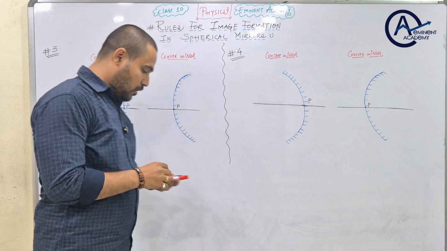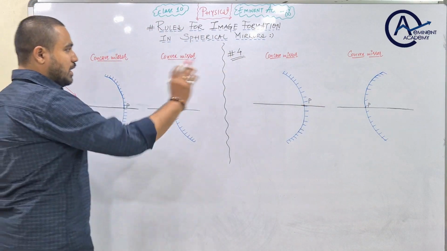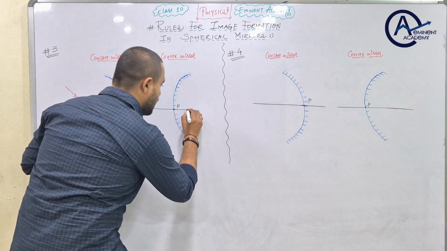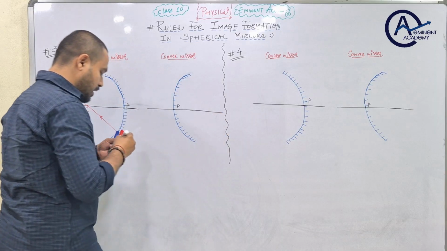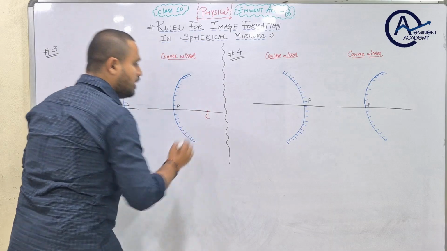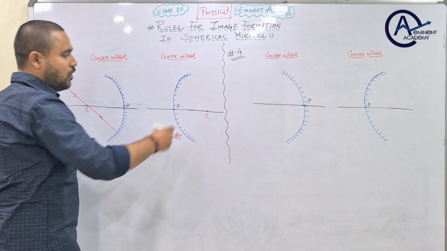Now what is the case of a convex mirror? Here we have to just assume. Let us consider a center of curvature at the back side of the mirror, and suppose this is the center of curvature in the case of a convex mirror.